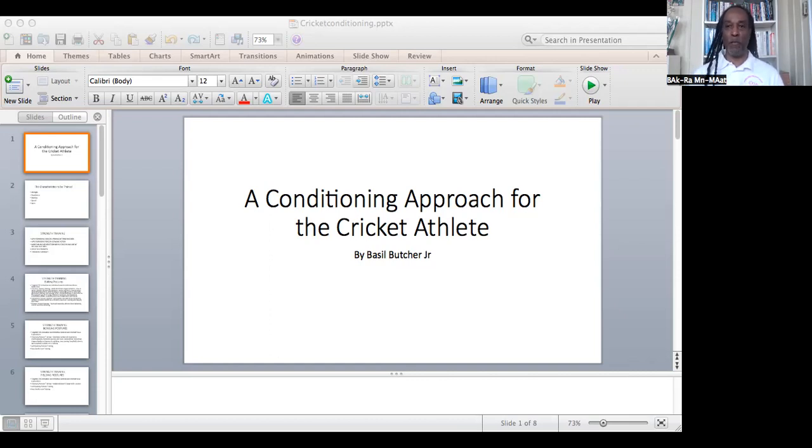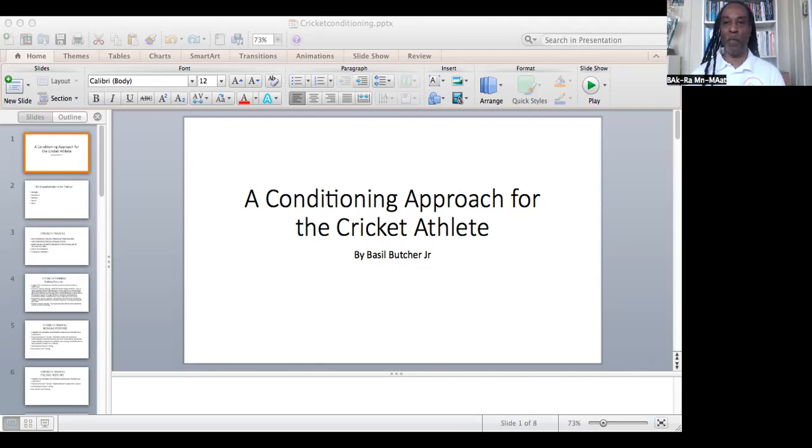Those who are not as familiar with the game may not understand some of these terms. They have to make these decisions over and over throughout the duration of their time while they're batting.